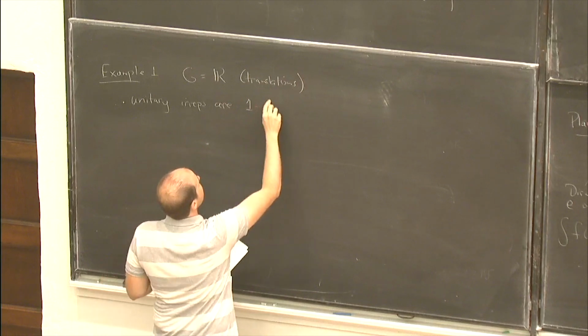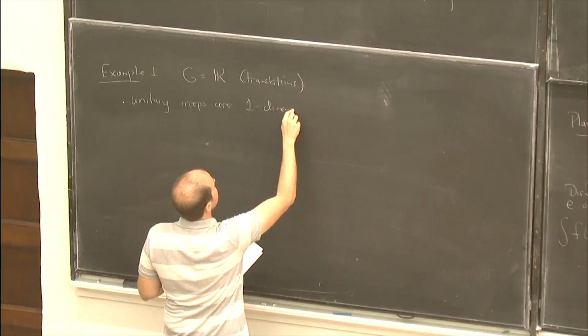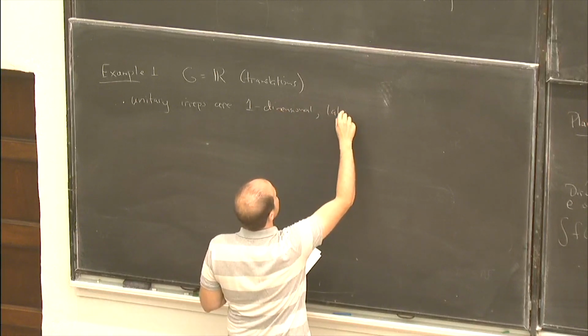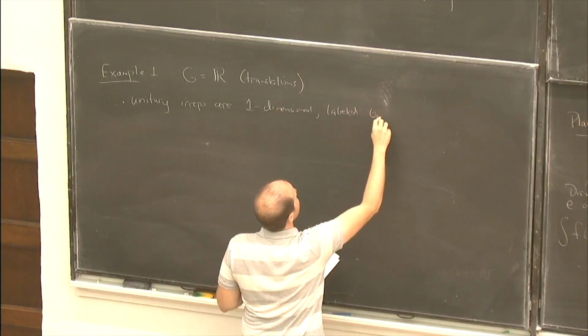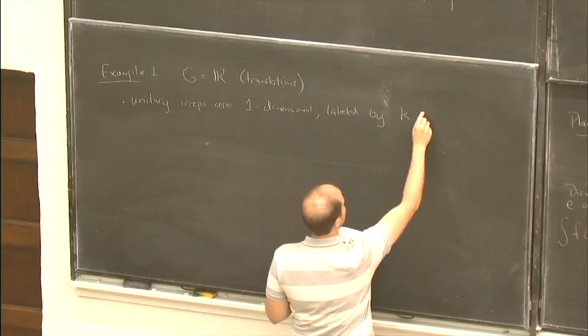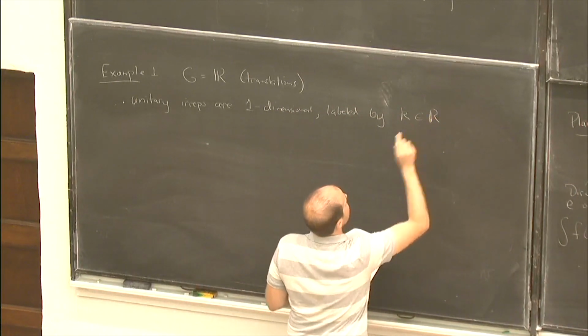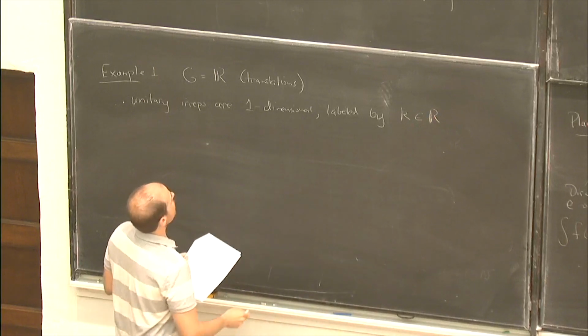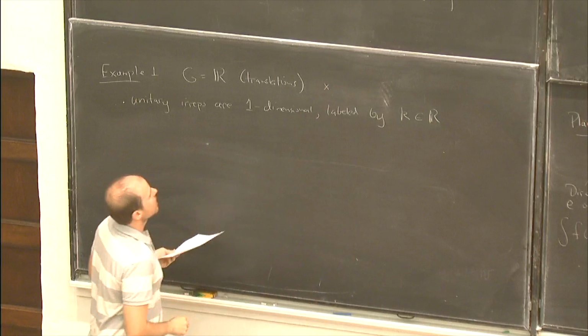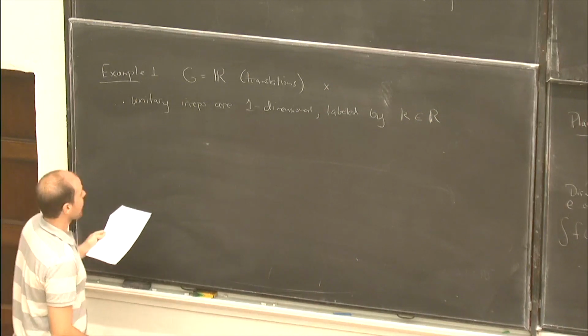The unitary irreps are one-dimensional, and they're labeled by a real momentum k. I'll take as the parameter on this group x, with x in R.